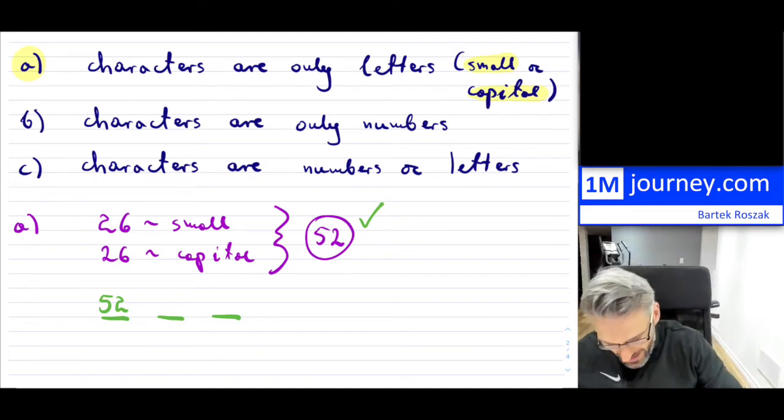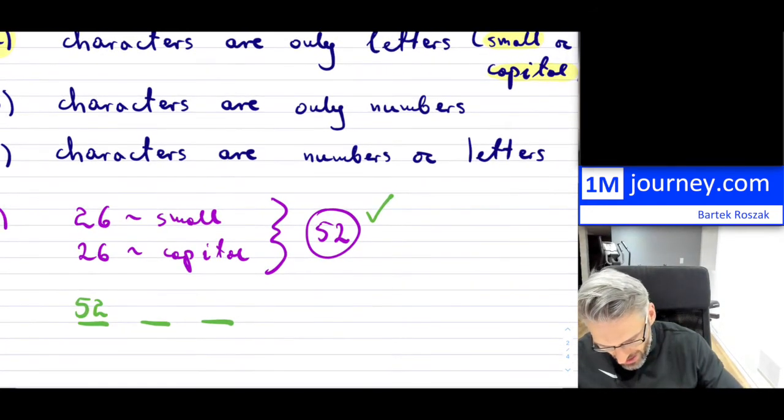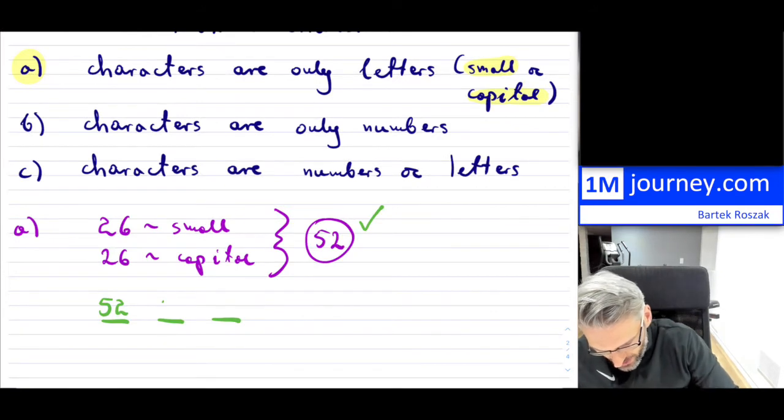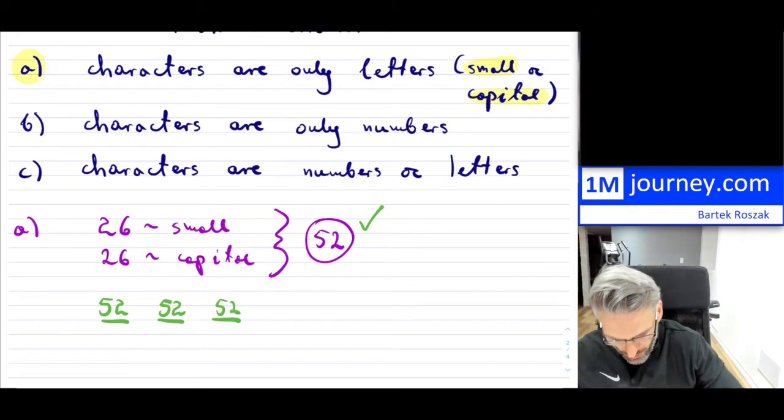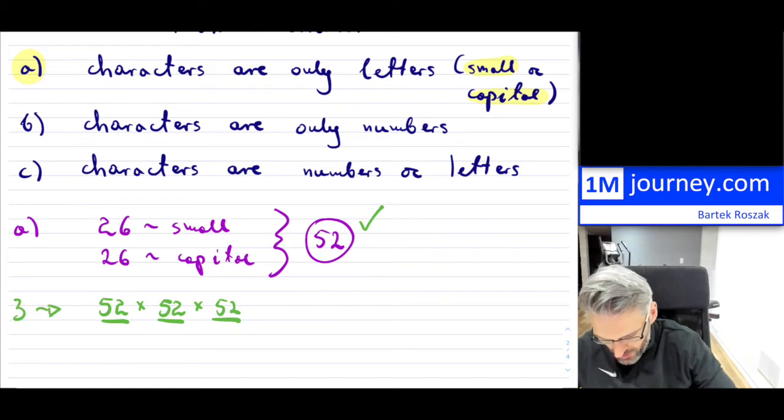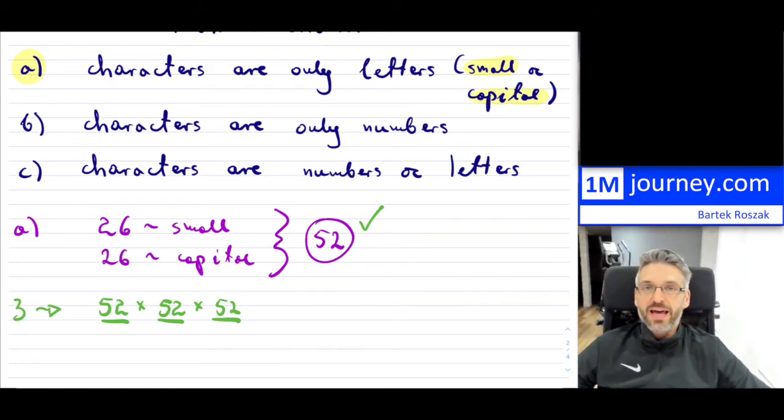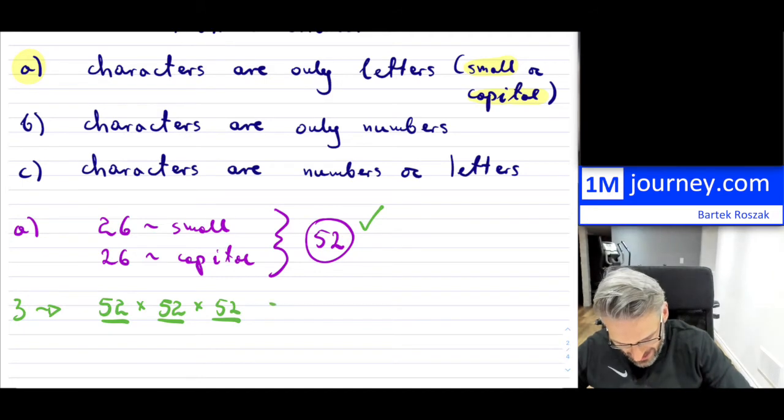On the next pick, for my second letter, I would also have 52 choices. And then on my third one, I would also have 52 choices. And I'm going to be multiplying this. This is if my password was 3 letters, and I can get exactly what the total is.